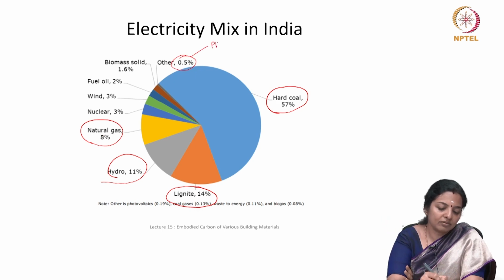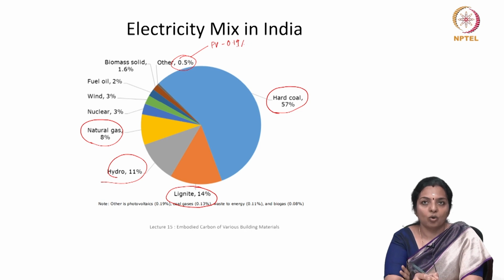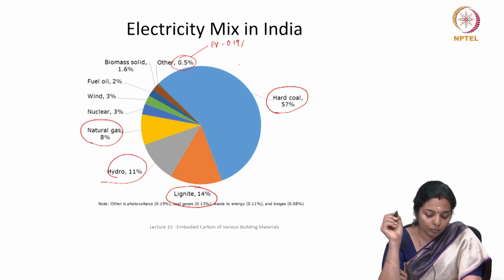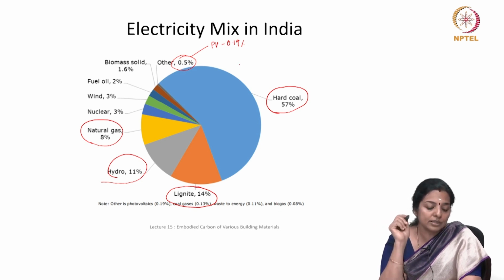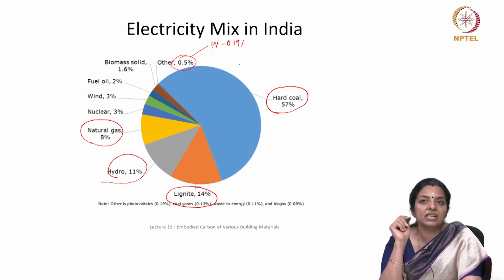So PV is about 0.19%, coal gases, waste from energy, biogas, all these club together to come to 0.5%, and therefore you can see that hard coal from electricity, lignite 14% and hydro 11% seem to be the major contributors.